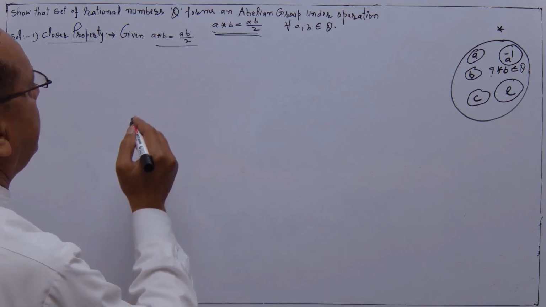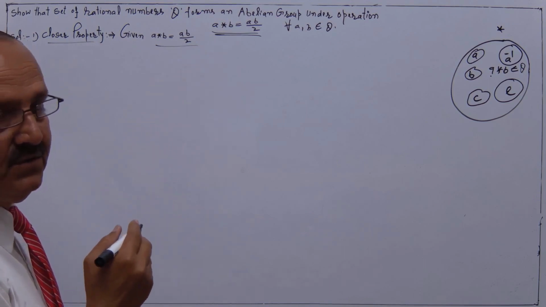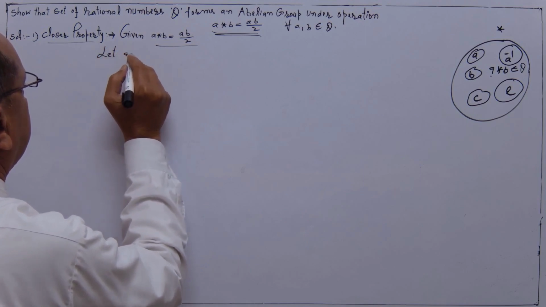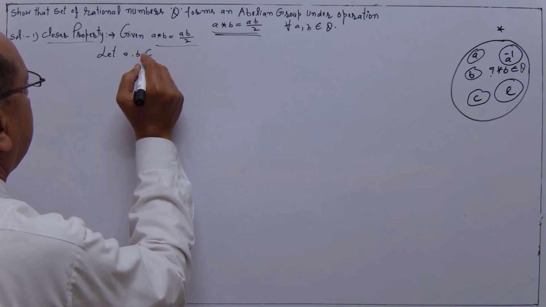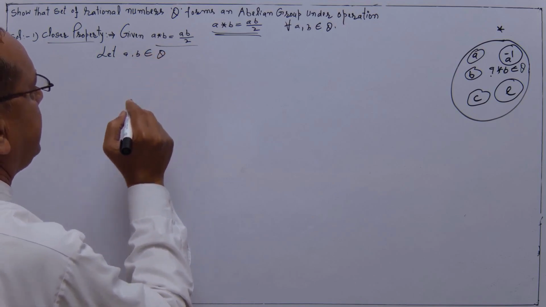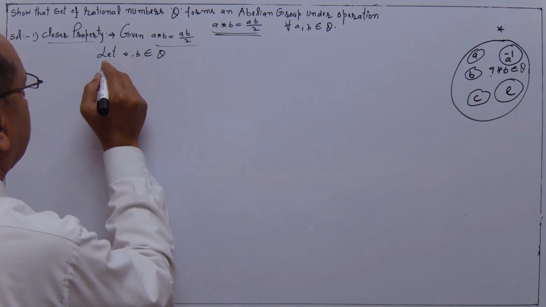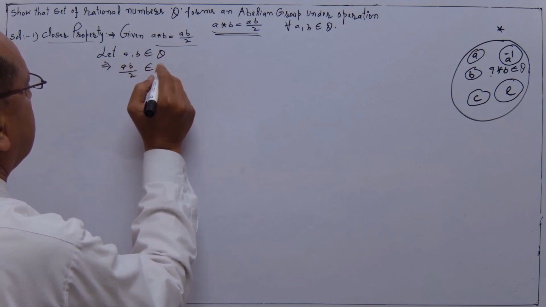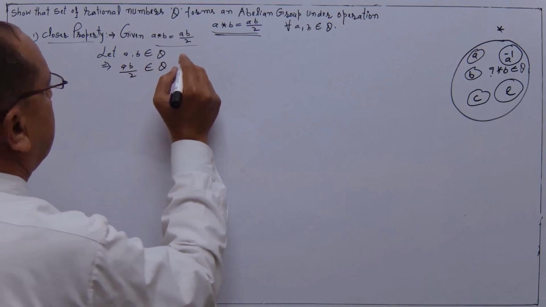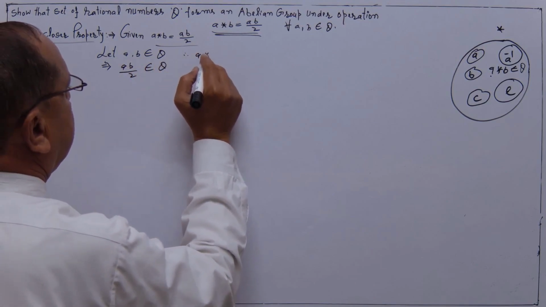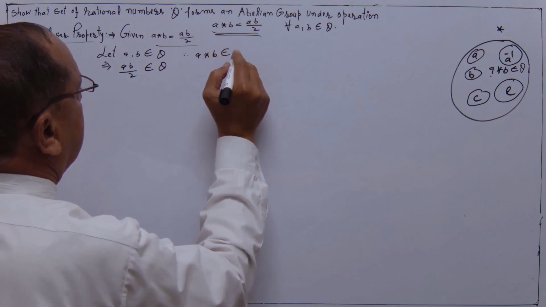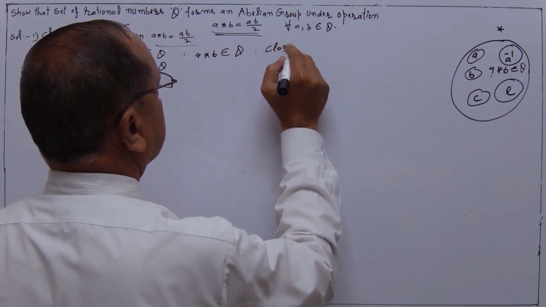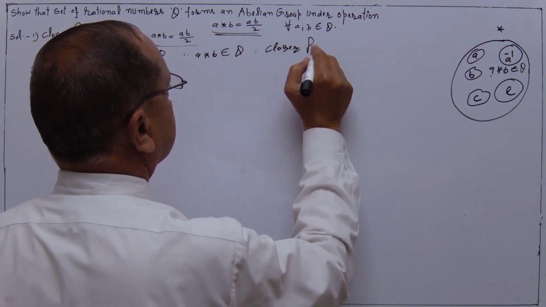Given A star B is equal to AB upon 2, let A, B be the two elements of set Q, which implies that AB upon 2 also belongs to set Q. Therefore, A star B is also an element of set Q. Closure property is satisfied.